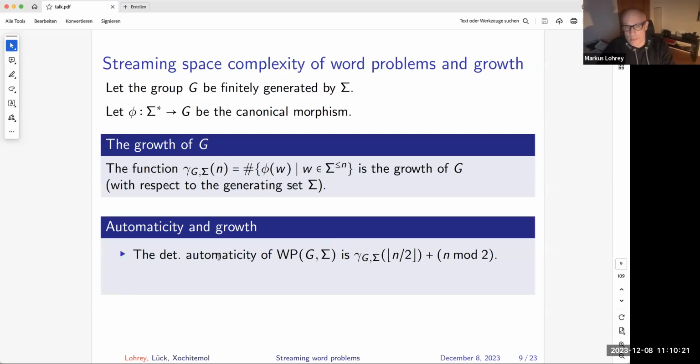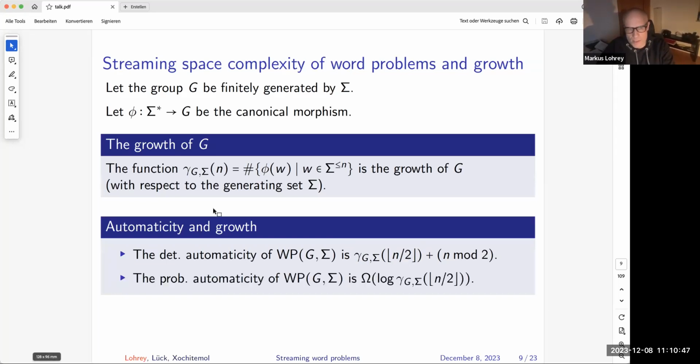The first result says that the deterministic automaticity of the word problem is exactly the growth function at n/2 rounded down, plus possibly 0 or 1, namely n mod 2. So basically, it's the growth function at n/2. This is the first result.